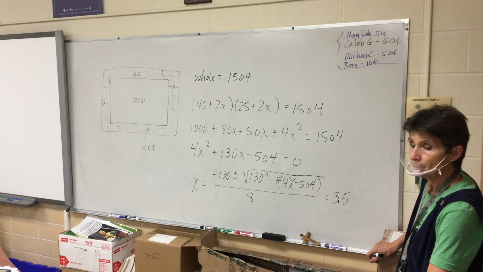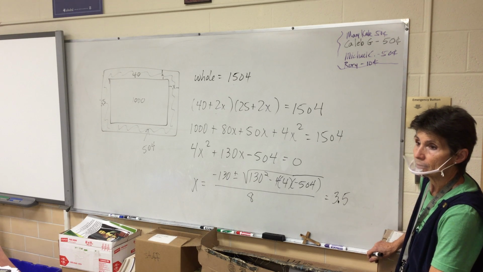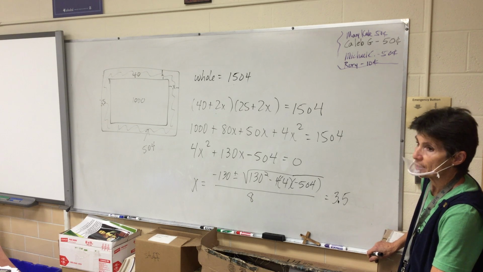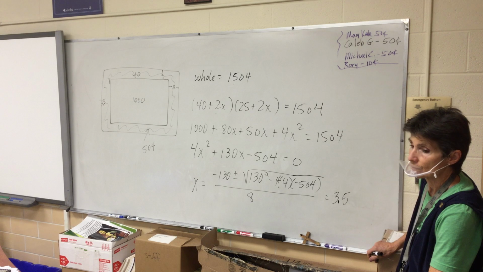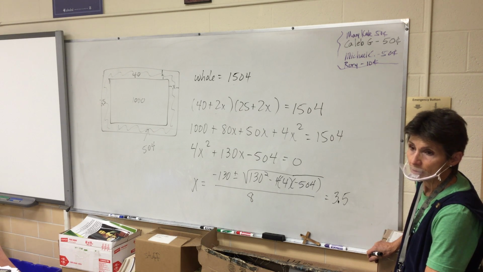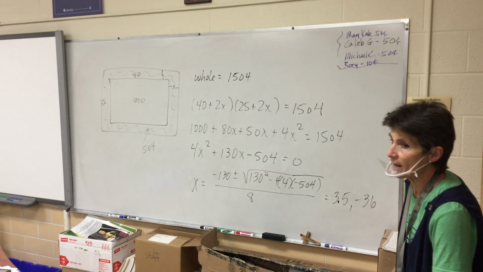What'd you get for the other one? Andrew, where's your calculator? Okay, we need to bring it every day. Negative 36. So those are the two x values.